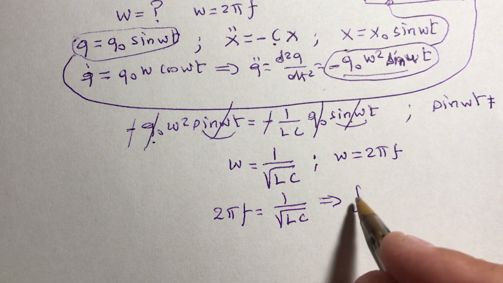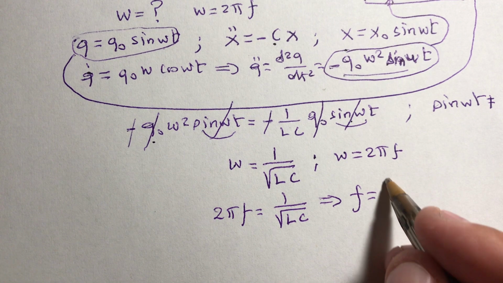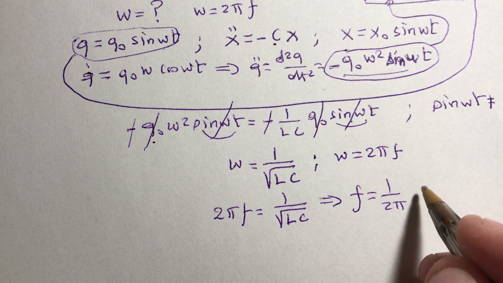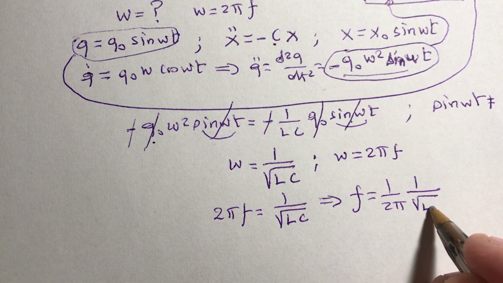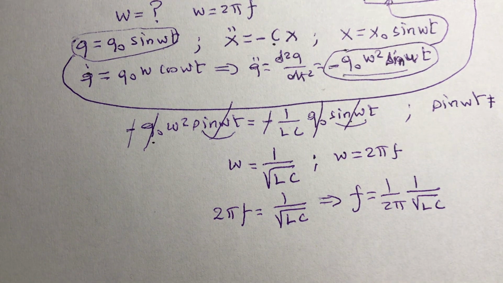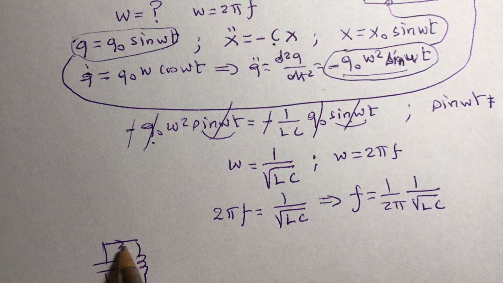So here we get the frequency, 1 over 2 pi, 1 over square root of LC. This is the frequency of oscillation in the oscillator. Let me put here again capacitor, inductor. So they throw the current back and forth at each other. It's going back and forth.